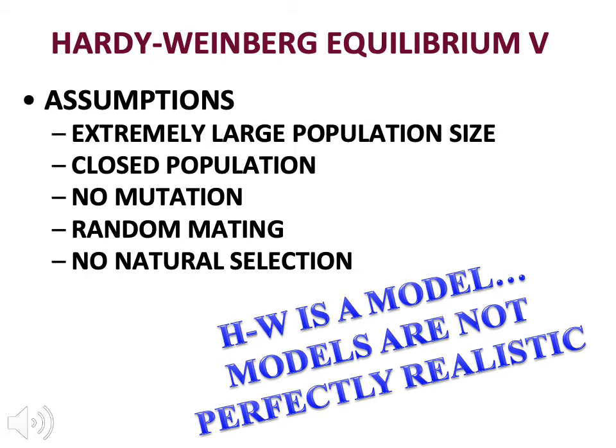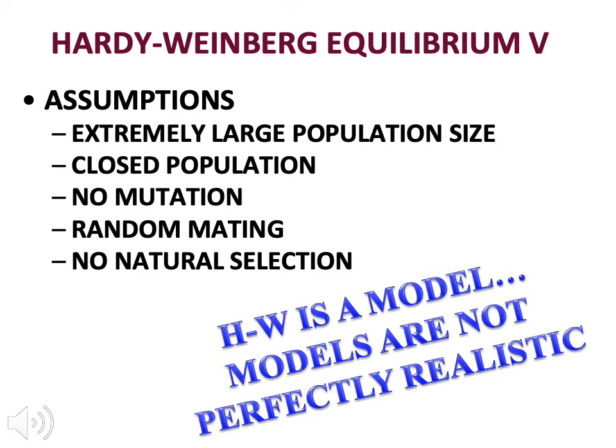And that's going to ensure a completely random distribution of alleles in the population. And then finally, Hardy-Weinberg assumption number five, no natural selection. Natural selection changes gene frequencies. We can't have that happening. Because you understand, Hardy-Weinberg is a way of measuring the relative number of alleles in a population at an instant of time. Anything that's going to mess that up is going to mess up the equilibrium.